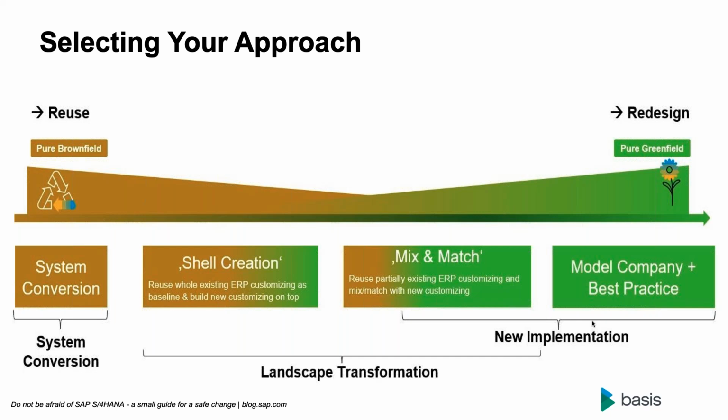I like this particular diagram that shows that this isn't a binary choice between brownfield and greenfield. There is a spectrum of options that include, in the middle, some hybrid choices that can include landscape transformation as well. So you've got the traditional big bang brownfield at one end on the left-hand side.